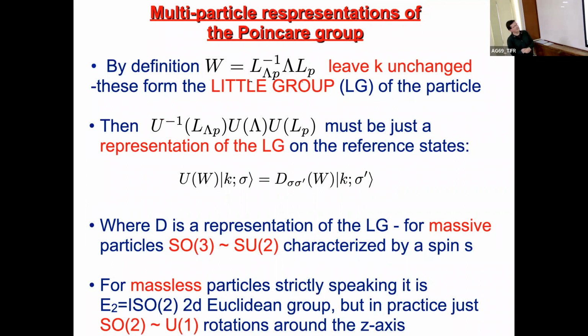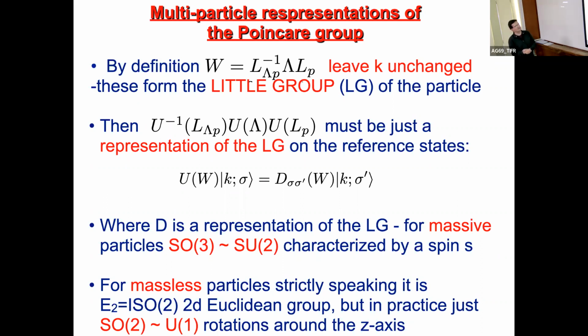If you take the combination of these three transformations, so do an arbitrary Lorentz boost, then take the general Lorentz transformation, and then do the inverse of that boost, this is actually going to leave the reference momentum unchanged. Why?